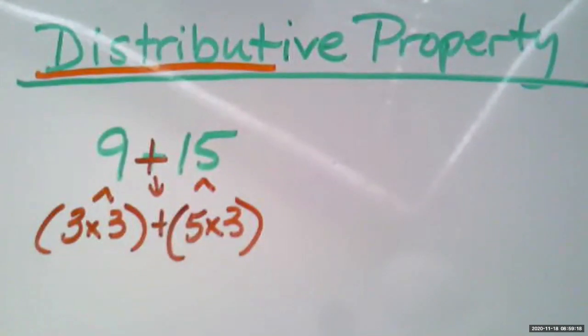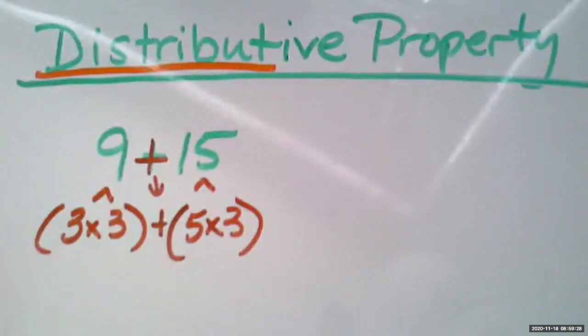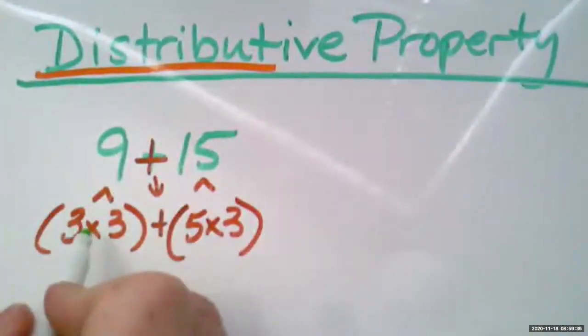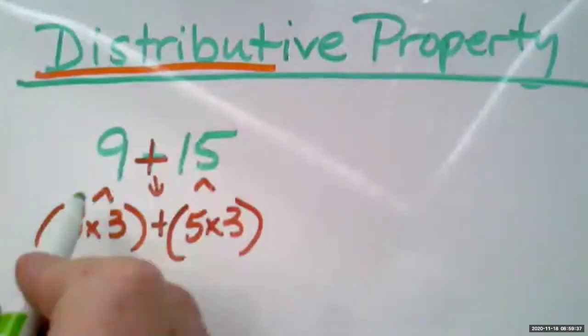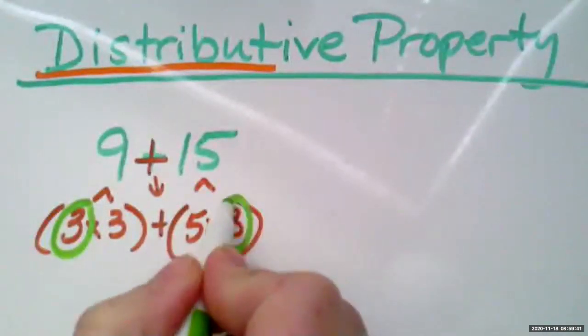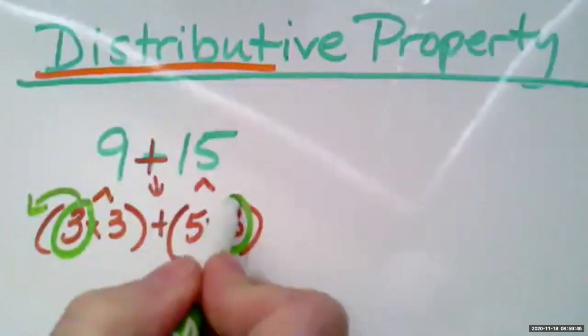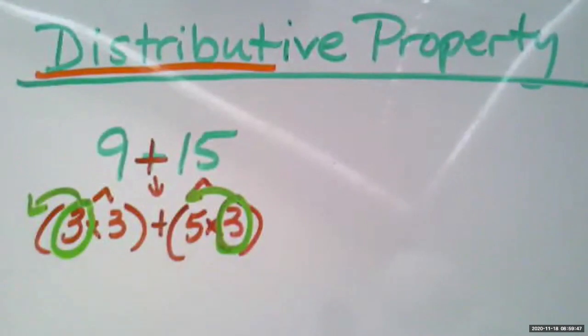If I'm breaking down these numbers, like we've been doing using factor trees and finding prime factorization, this part is where we actually distribute these numbers. I'm finding a factor that they have in common. The greatest common factor here is 3, because I have a 3 from the 9 and a 3 from the 15. And I'm going to take those out of the problem that I have written here.